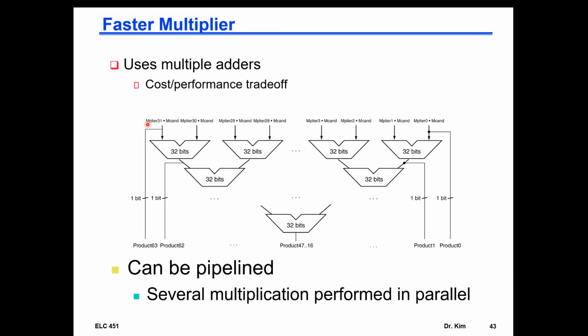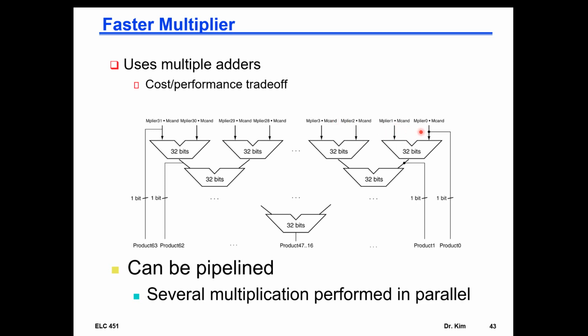And what we have here are the partial products. So again, if you're multiplying two 32-bit numbers, you end up with 32 partial products. And then you can add them two at a time. This is what is called a Wallace tree multiplier.